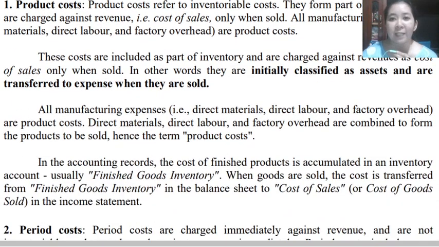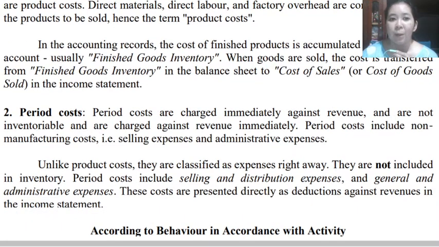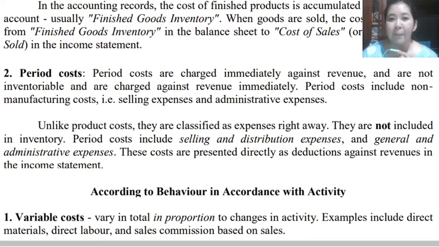So the second classification of cost is what we call the period costs. Basically, period costs are just the opposite of our product cost. These are the costs or expenditures that were not classified under the manufacturing costs.